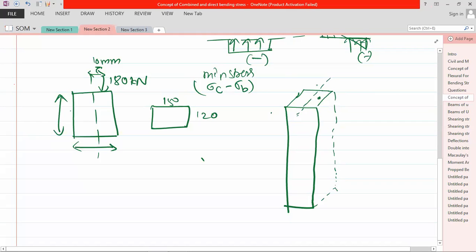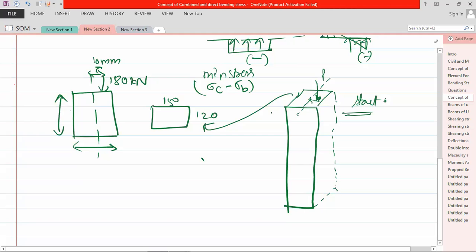At this point a load P is acting at some distance E. And this is your cross section that is given here, and this is your length. So you need to find the maximum bending stress. This is called a strut.